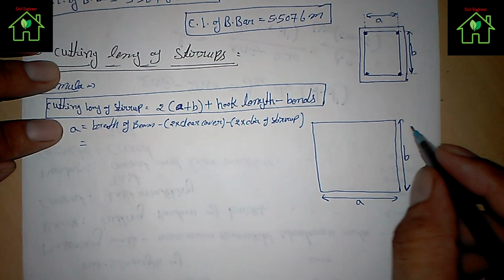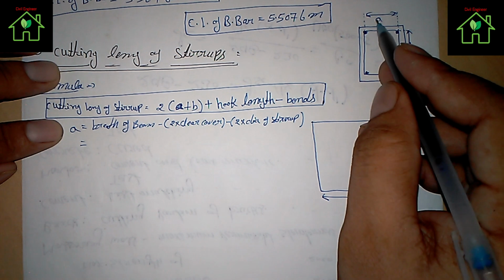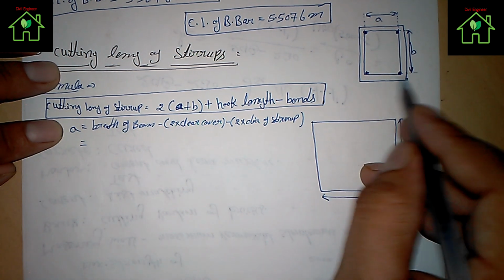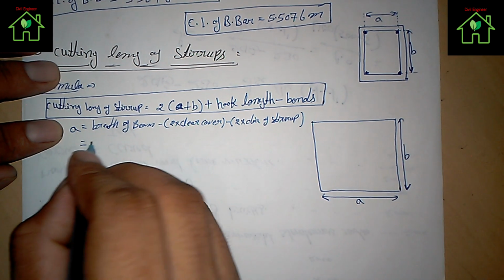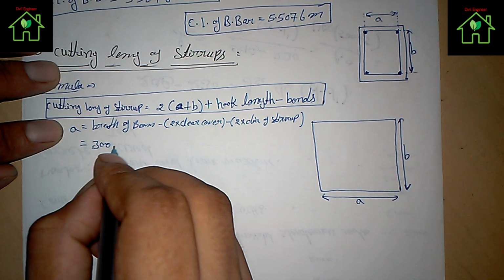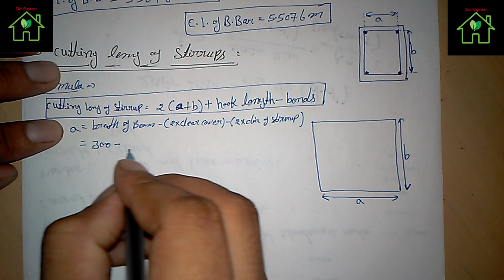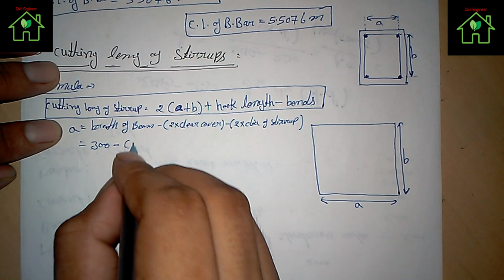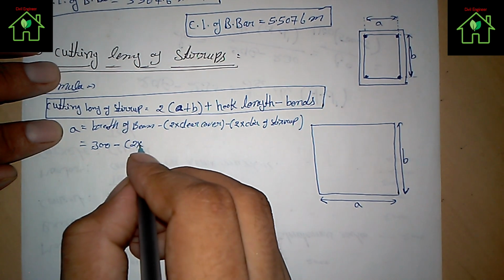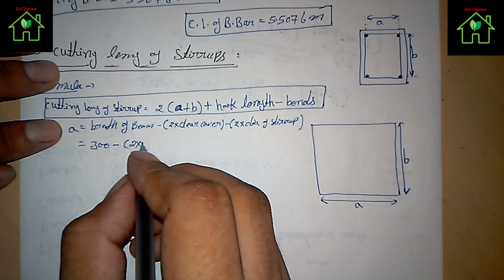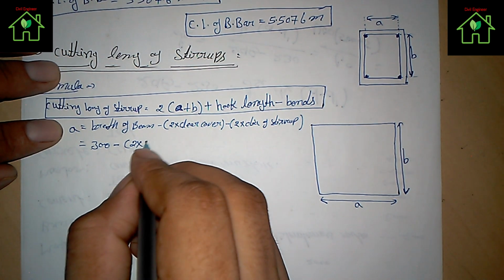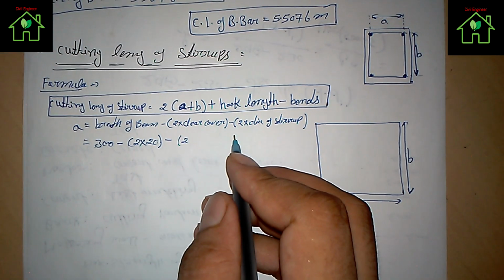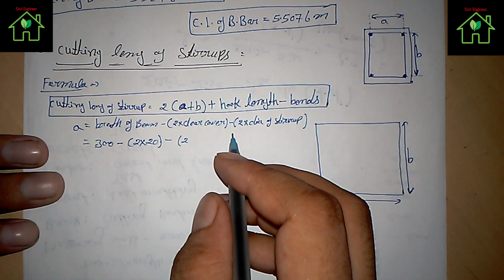We are finding the value of a, so this value we will take. The width is 300 mm minus clear cover, this side and this side, so 2 sides we are taking. Clear cover is equal to 20 minus 2 into dia of stirrup. What is the dia of stirrup?